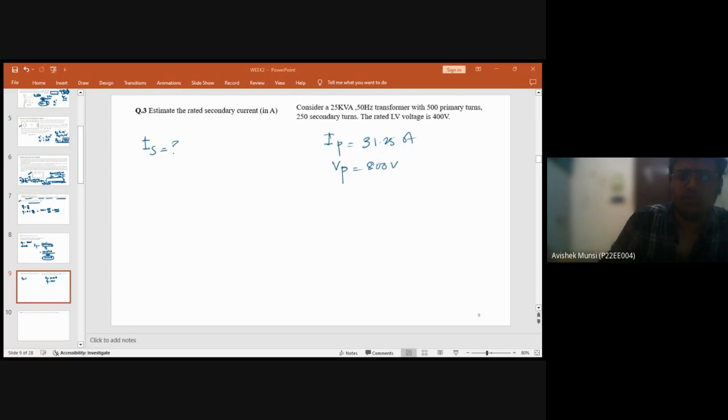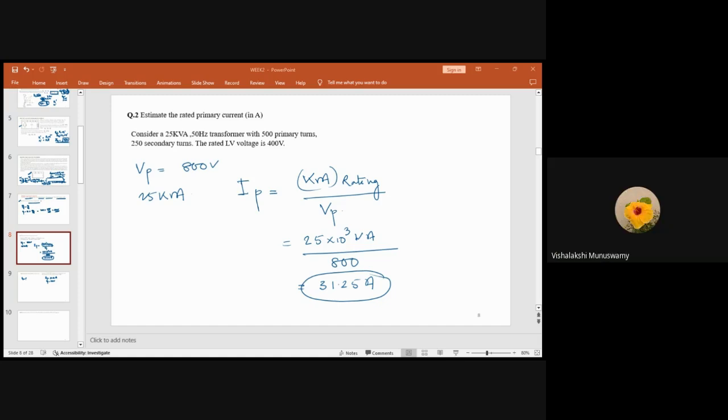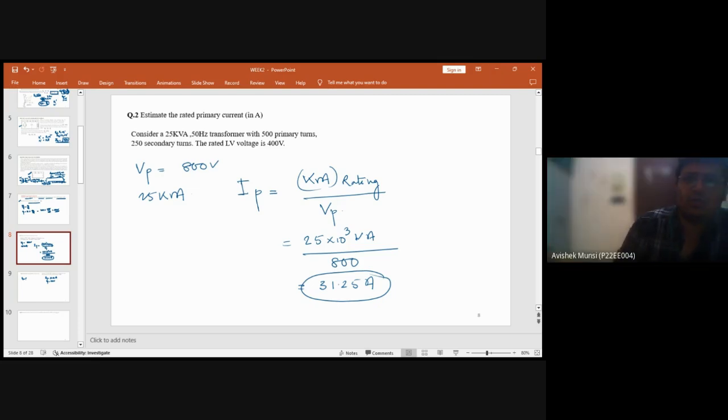Yeah, you're saying that you can unmute and say what your doubt is, then it will be clear. Can you explain the second question again, sir? See, basically kVA is power, right? The kilovolt ampere, that is volt into ampere, right?